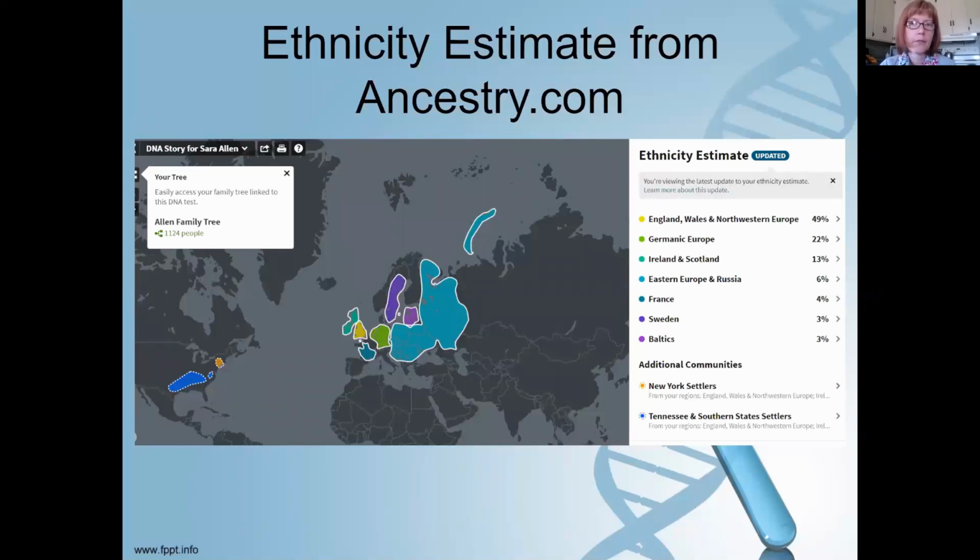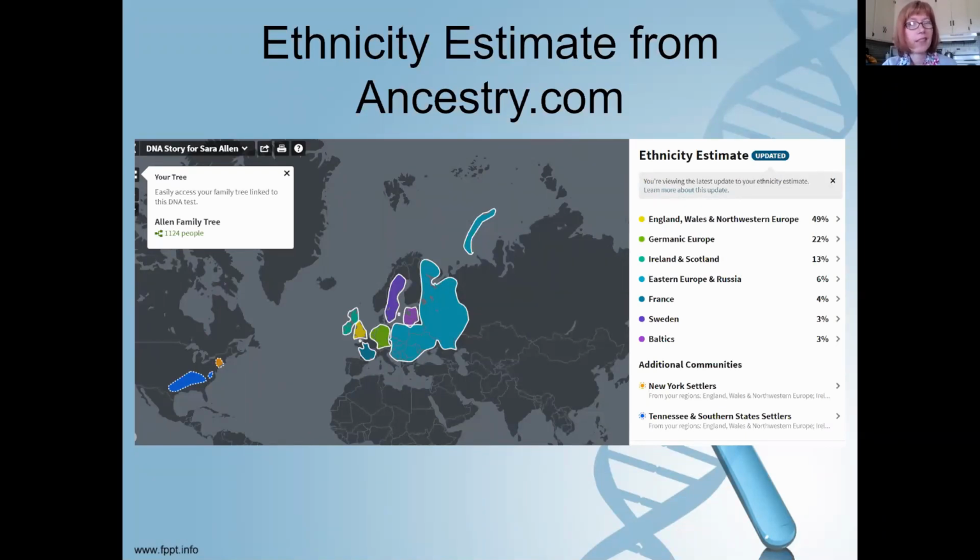Remember that there's 4 different testing companies that do the autosomal test, and you could take a test with all 4 companies. And when you do that, you will get slightly different results for your ethnicity. That doesn't mean that one test is right and one is wrong. It just means that they're different testing companies.